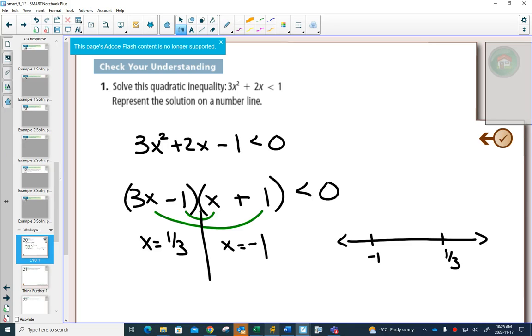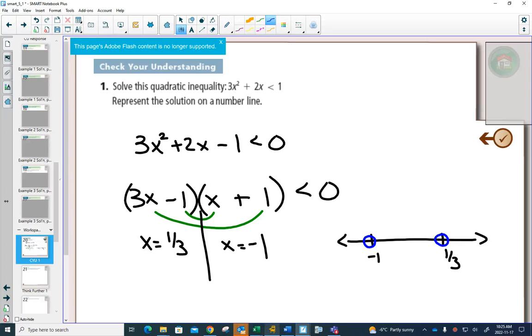Do we write open circles or closed circles for this question? We're going to have to either draw these circles and fill them in or leave them open. And this one is going to be open circles because there's no equal sign.